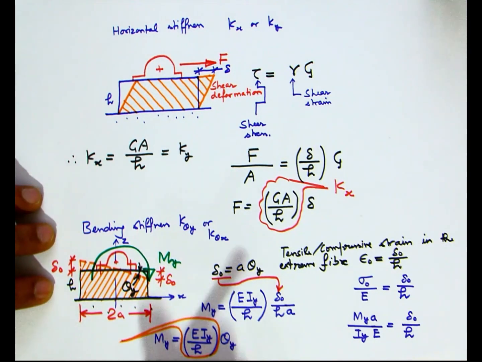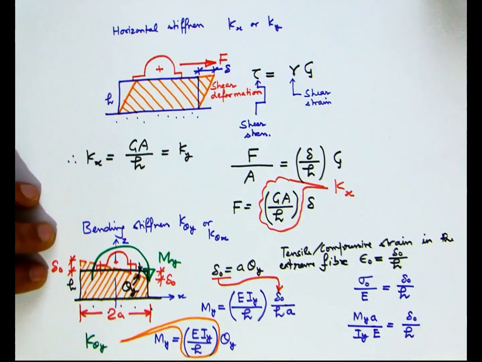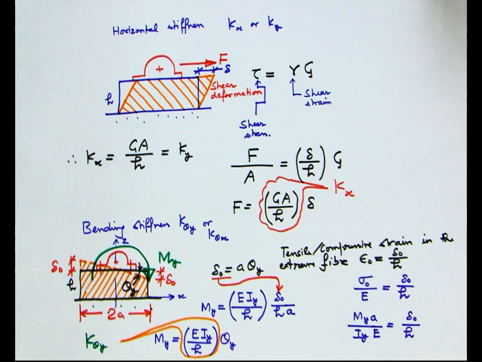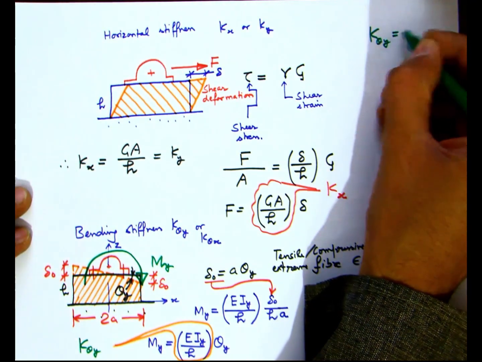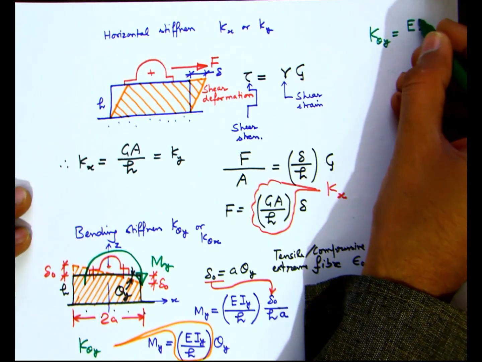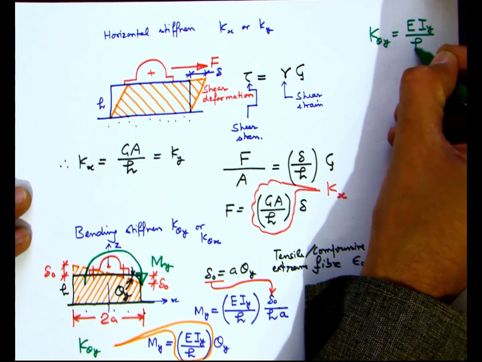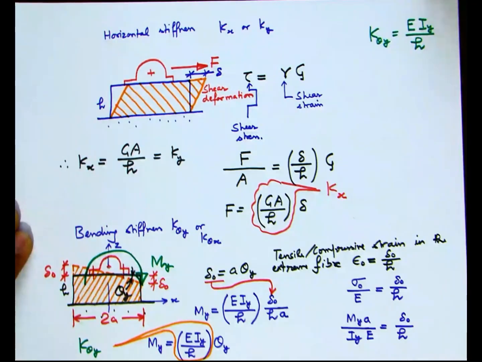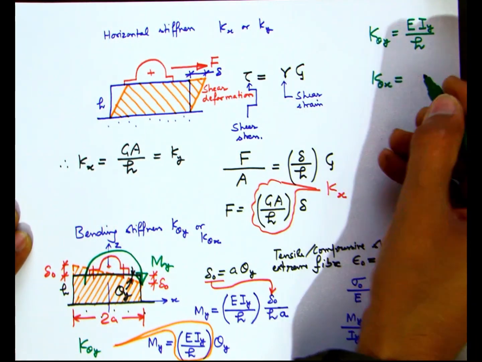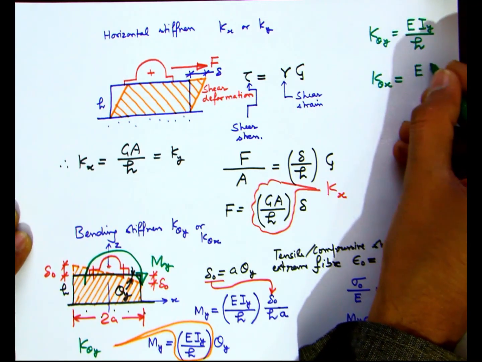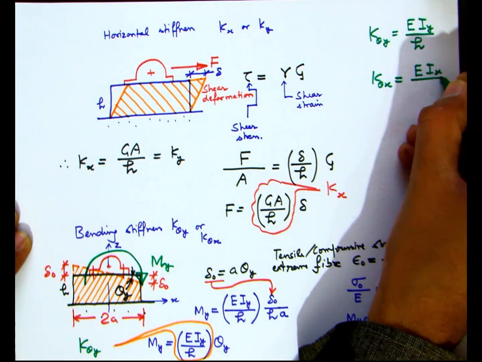So in very simple terms, the stiffness k theta y is basically E multiplied by Iy, which is the corresponding moment of inertia, and the product being divided by h. So this is k theta y. Similarly, we can write the expression for k theta x, but in that case we have to substitute Iy by Ix.